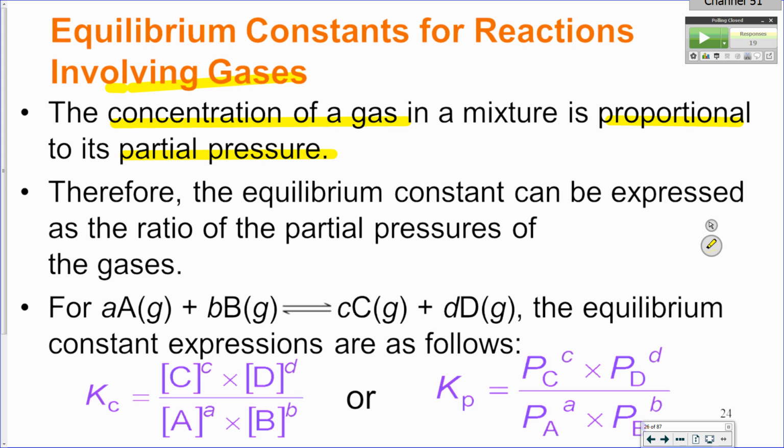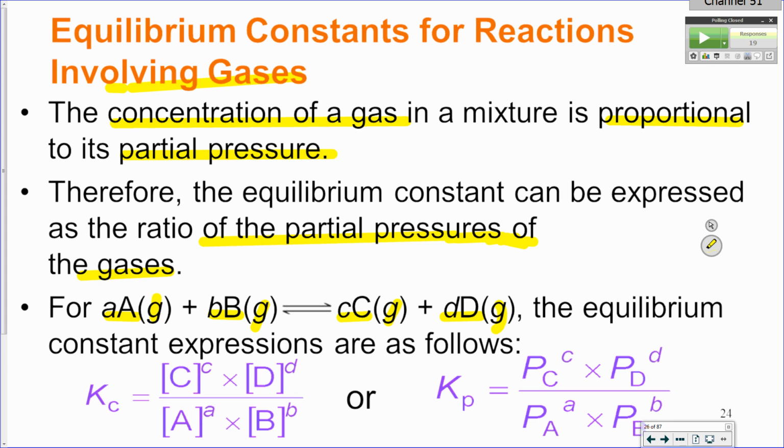So we can express an equilibrium constant in terms of ratios of partial pressures. Take a system that all involves gases: little a of A, little b of B yields little c of C, little d of D.